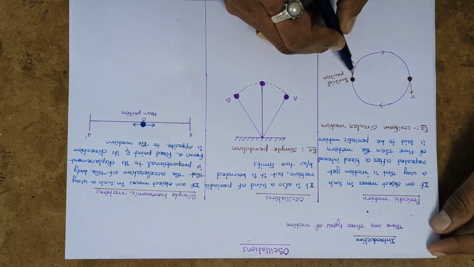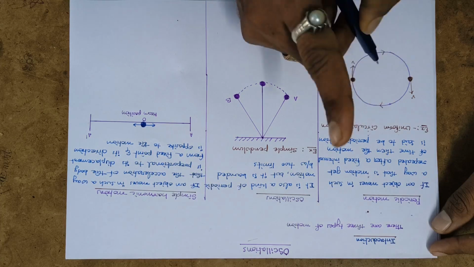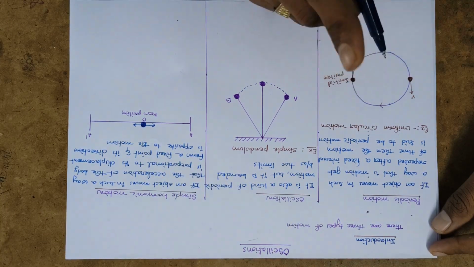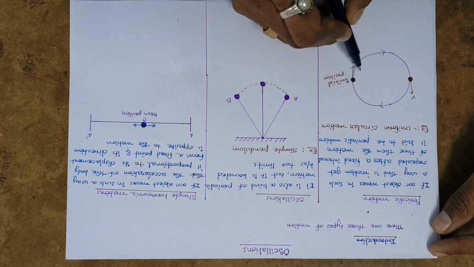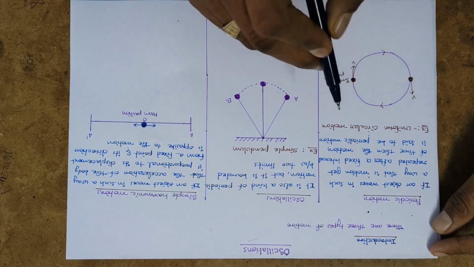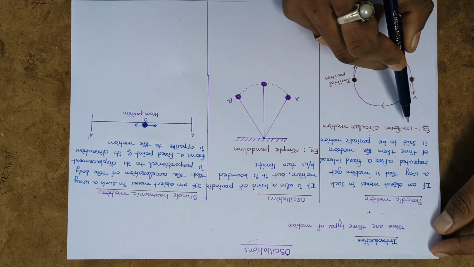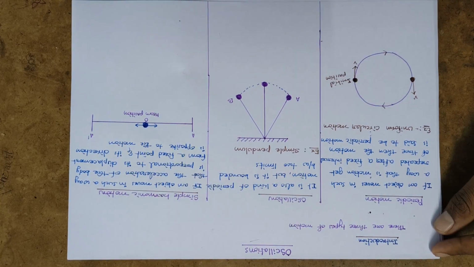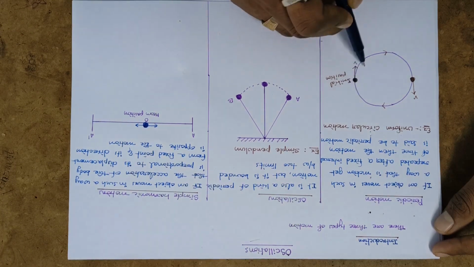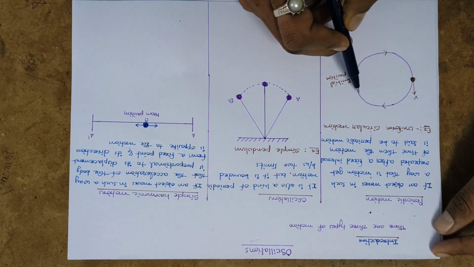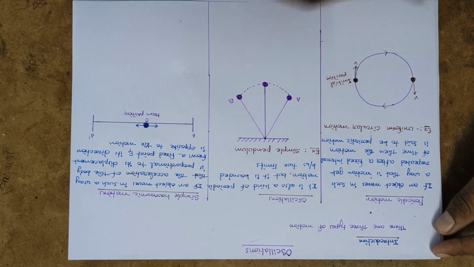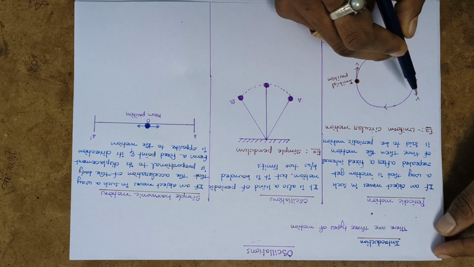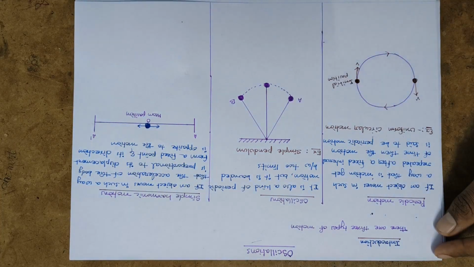Suppose one revolution takes 1 minute, then the second revolution also takes the same 1 minute, and the third revolution also takes the same 1 minute. So that's why the motion is uniform circular motion. The time taken to complete one revolution must be equal to the time taken to complete the second revolution. So these types of circular motions are called periodic motions.